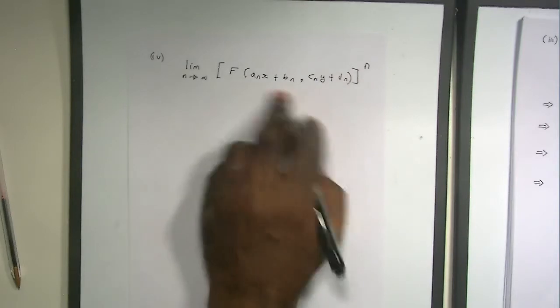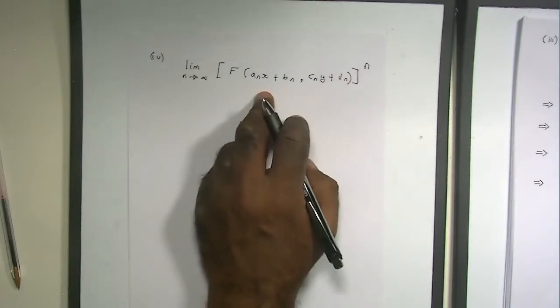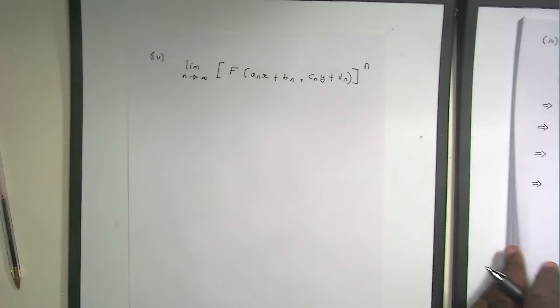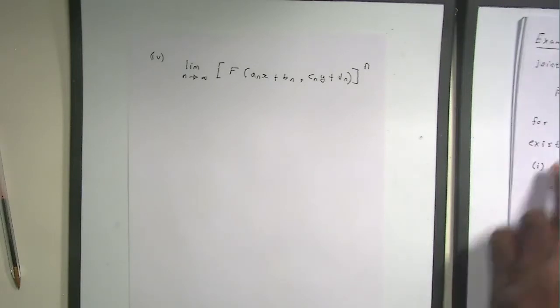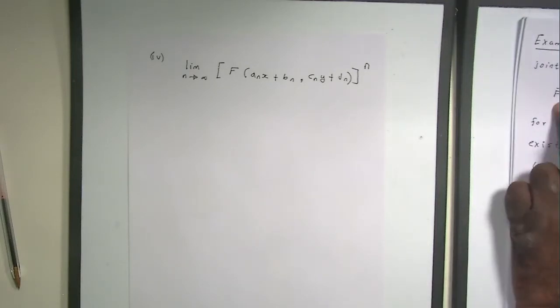Now, how do we find the F here? Any ideas? You should go back to the question, guys. What we are given is F bar, right? Not F.